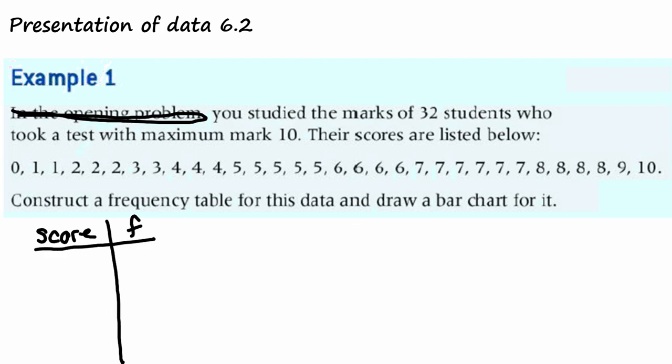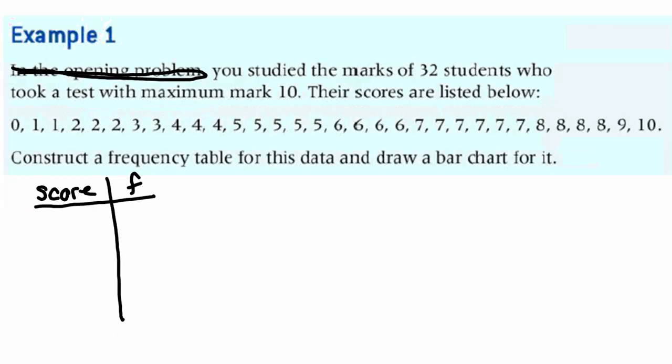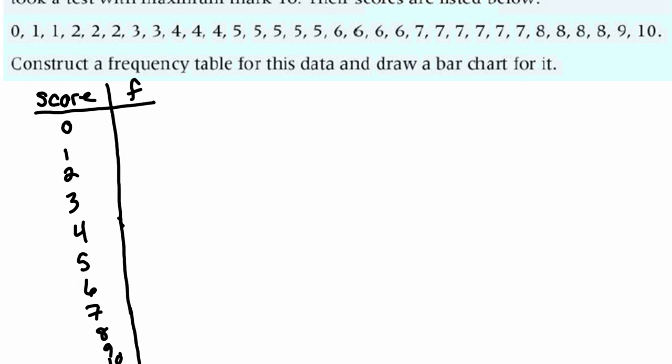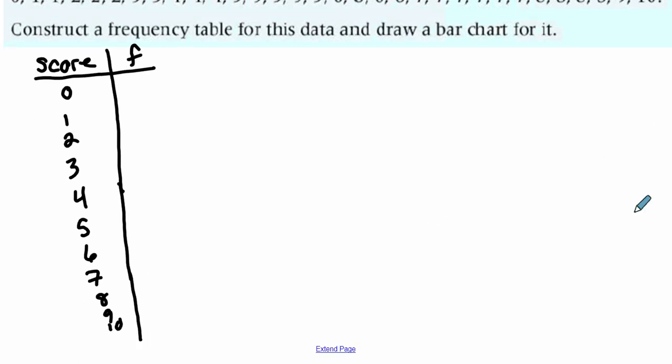Then on the left-hand side, we list all of the scores: 0, 1, 2, 3, 4, 5, 6, 7, 8, 9, and 10. When data goes like this in order, if one of them has a 0, you can put 0 as a frequency because it just makes sense to keep going with it nicely.